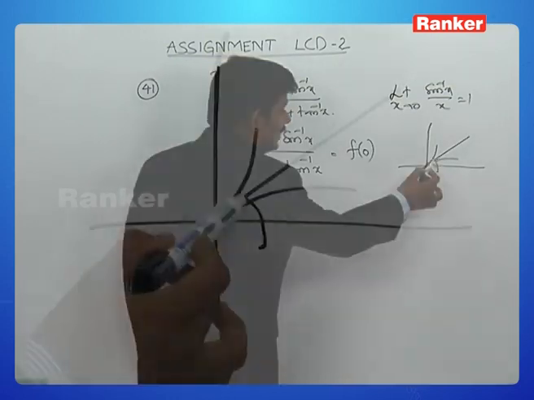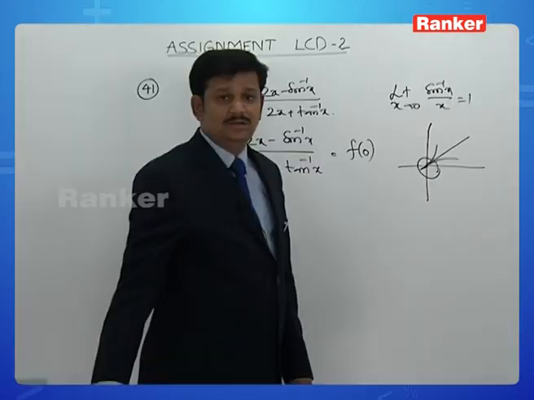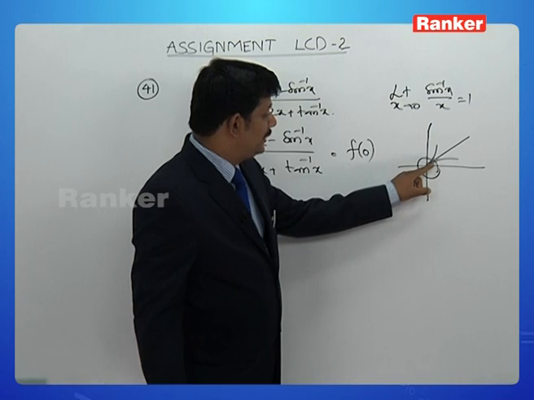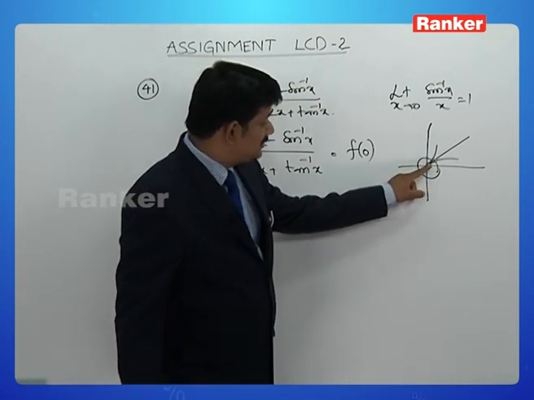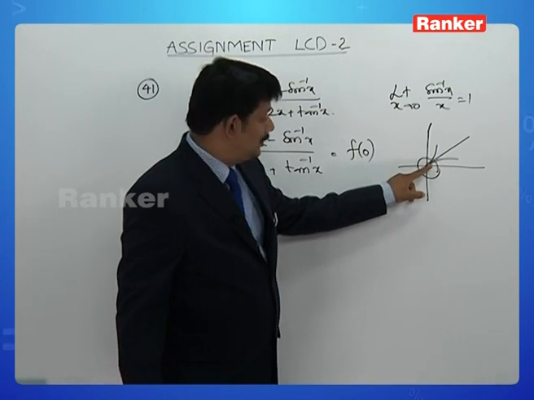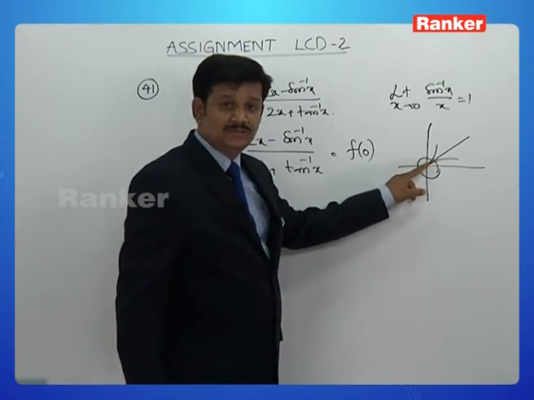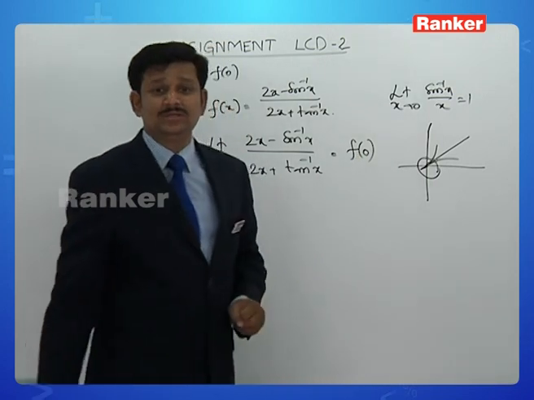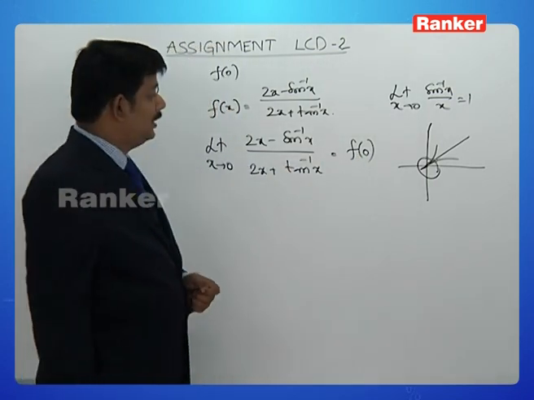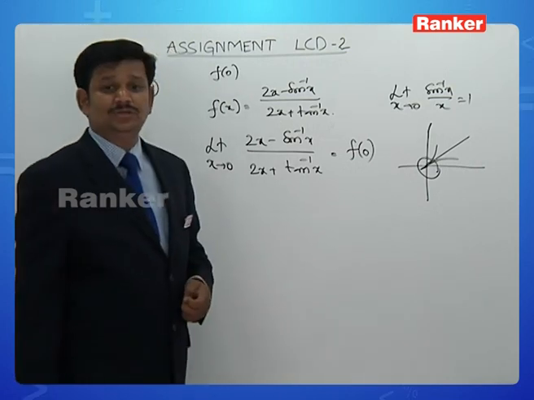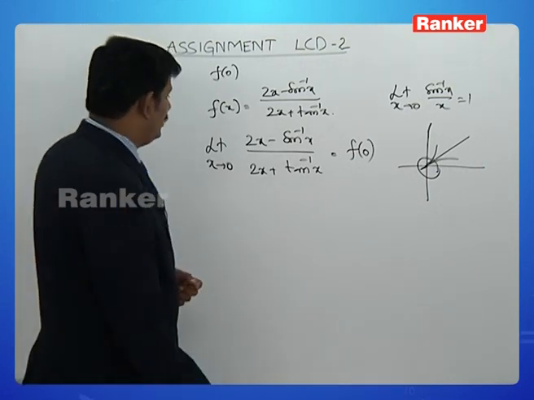So, sin x by x equal to 1 in the vicinity of 0 implies sin x and x are almost the same. And when sin x and x are almost the same, its image of sin x, sin inverse x, will almost be the same as x. So, limit x tending to 0 of sin inverse x by x is 1, and similarly limit x tending to 0 of tan inverse x by x will also be 1.